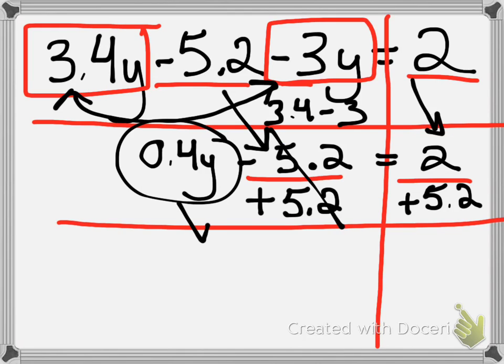I'm going to bring down what I did not use, which is 0.4y equals 2 plus 5.2 is 7.2. Okay? Now, by this point, we've got it down to now just a one-step equation.